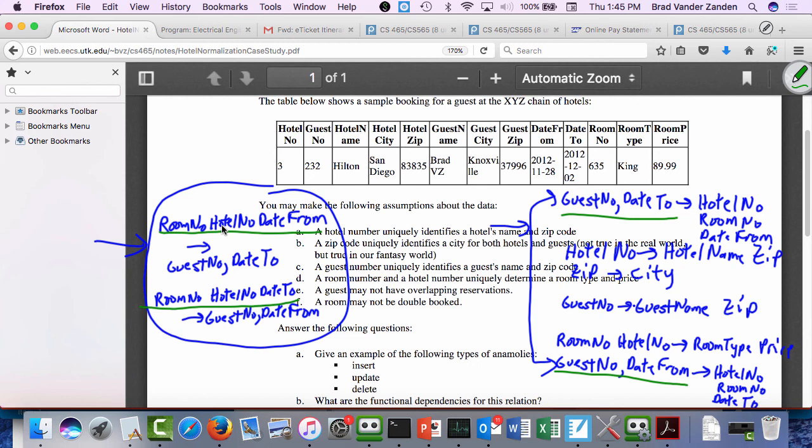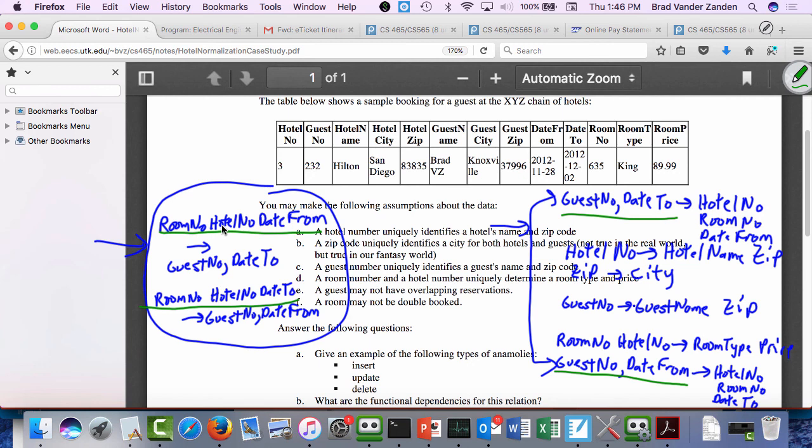Hotels are generally more used to working with the guest number, and we're typically more familiar with when we're checking in than when we're checking out. Therefore, the best primary key to probably choose would be guest number and date from. So that's what we will use to do our decomposition.